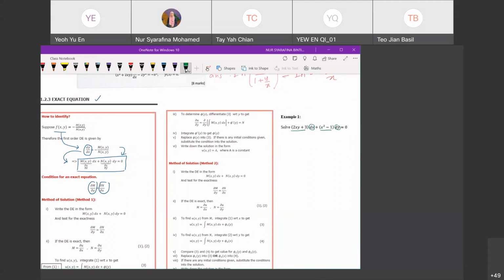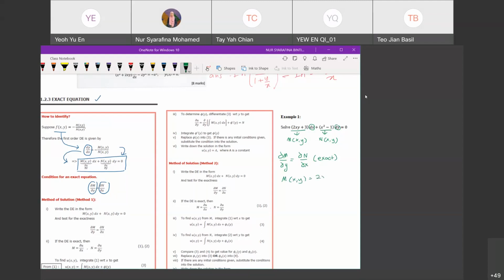For those with dx, it is the function M. Just take a look at the definition. And for those with dy, let's assume that it is N. Now this differential equation is said to be exact if we differentiate M with respect to y, and the result is equal to differentiating N with respect to x, then we can say that it is exact.